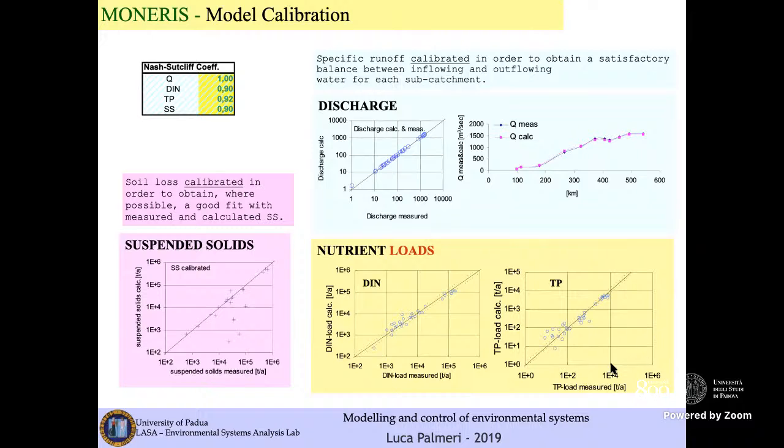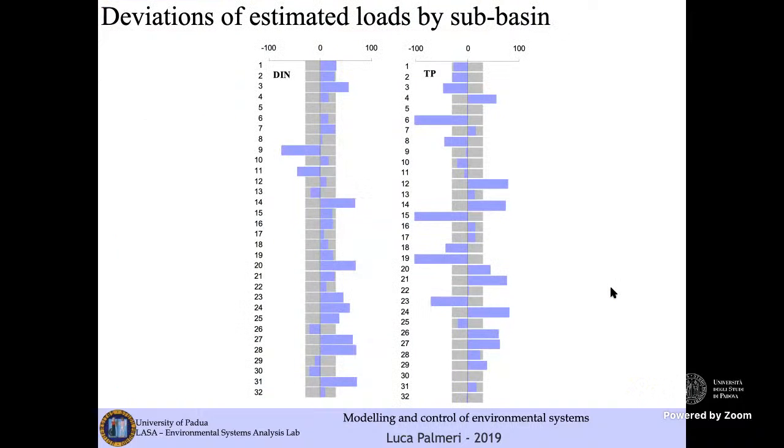For the larger basins, which of course are those that produce larger loads of total phosphorus and dissolved inorganic nitrogen, the errors are minor. This means that the errors in one direction are compensating with errors in the other direction as we go along the main Po river flow.